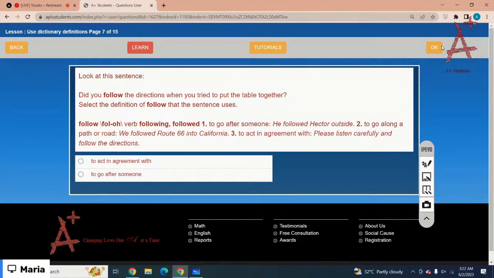So the word follow means to go after someone, to go along a path or road, or to act in agreement with. So which is the correct option? To act in agreement with. Got it? Here the word follow means to act in agreement with. Got it?